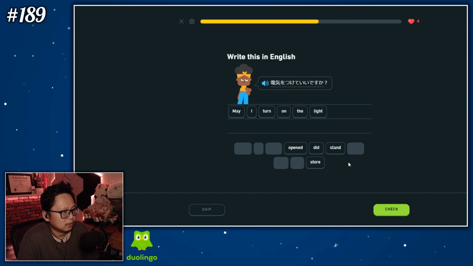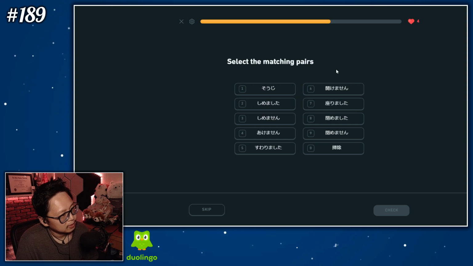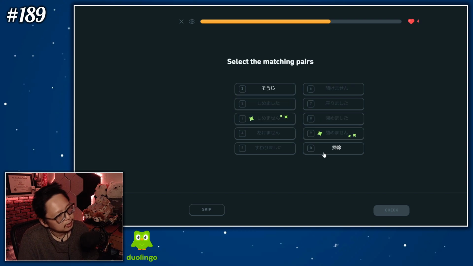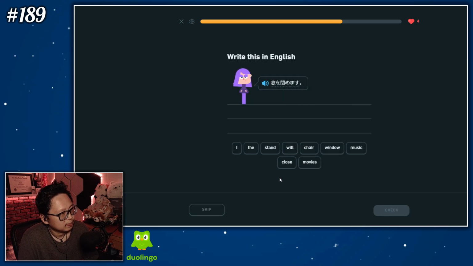電気をつけていいですか？開けません。座りました。閉めました。閉めません。掃除。窓を閉めます。I will close the window.